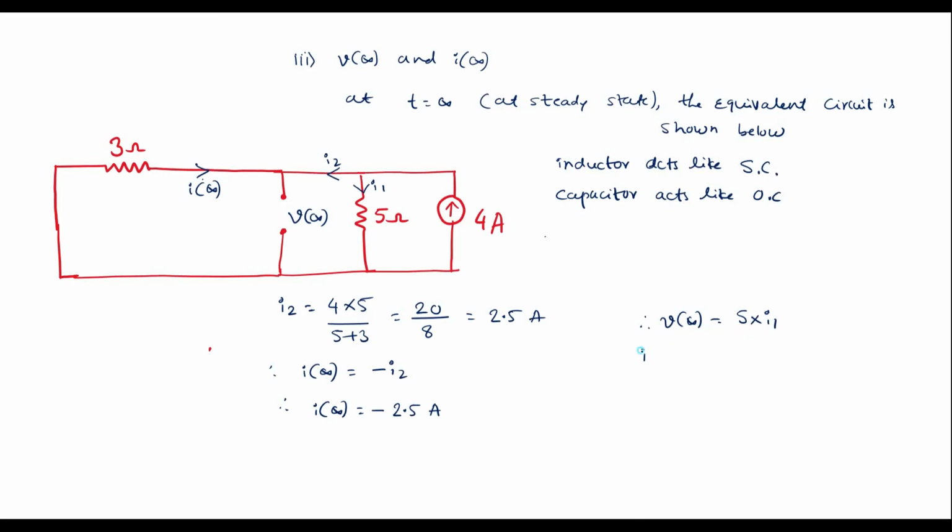So I1, again applying current division rule, is 4 into opposite resistor, that is 3, divided by sum of resistors, that is 8, which is equal to 12 by 8. So V of infinity is equal to 5 into 12 by 8, therefore V of infinity is equal to 7.5 volts.